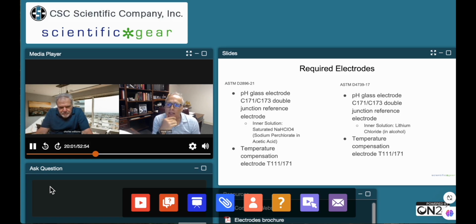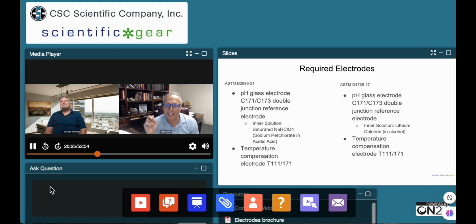For both methods, I have C171/C173. That's particular to a brand or a model, but at the end of the day, it's a combined pH electrode. And the 173 is for non-aqueous samples. The C171 is for your aqueous samples. But there is a difference. So you can use the same electrode for either one of these methods.